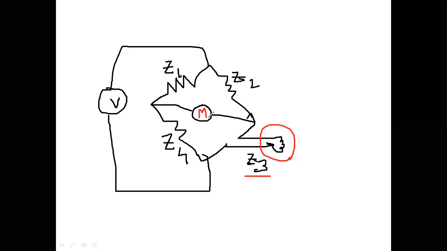Now I am placing this heater element having impedance Z3 into a chamber whose air flow rate I want to measure.